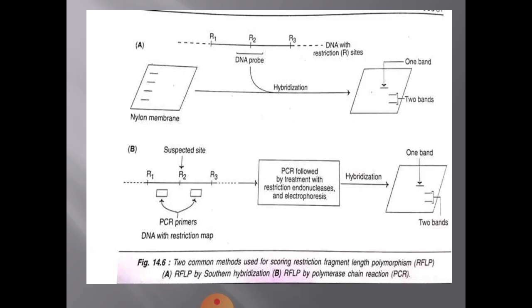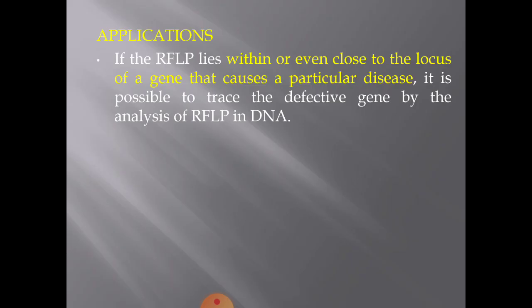Then you will go for hybridization, and if there is one band, it tells you that the suspected site is not there. If you see two bands on the autoradiogram, it tells you that the suspected site is present. So this is what is done in RFLP.